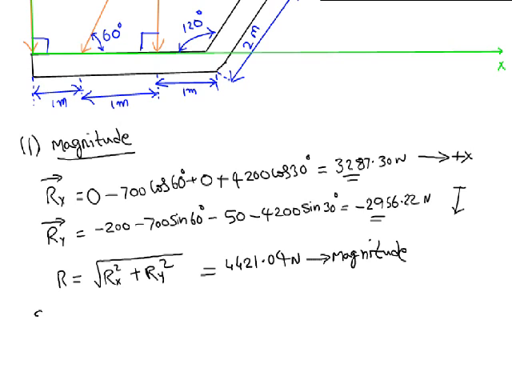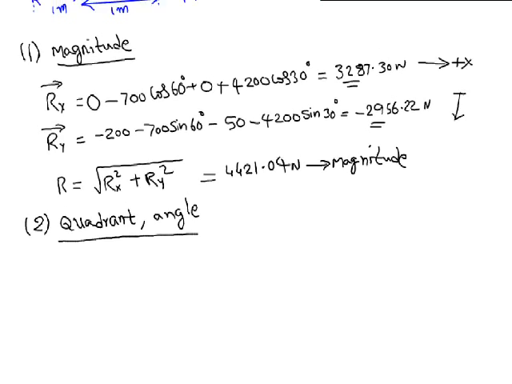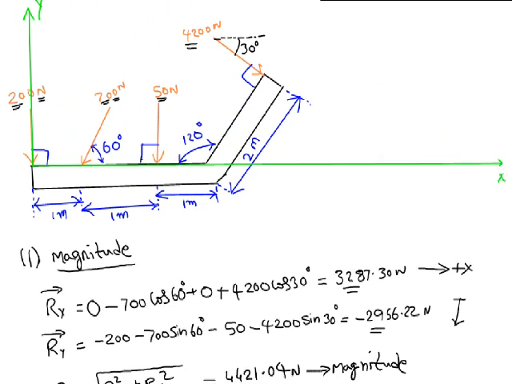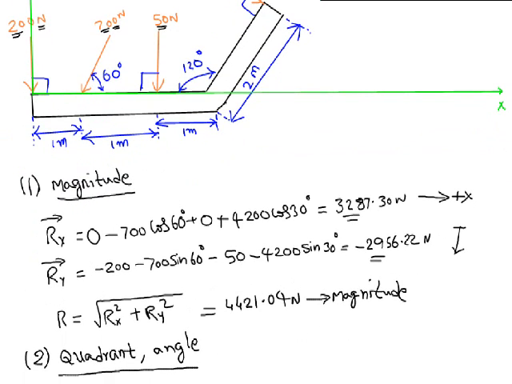Then the second item we need to find is the quadrant in which the resultant lies, and the angle which the resultant makes. We know that if a force is in the first quadrant, its x component is positive, y component is positive.